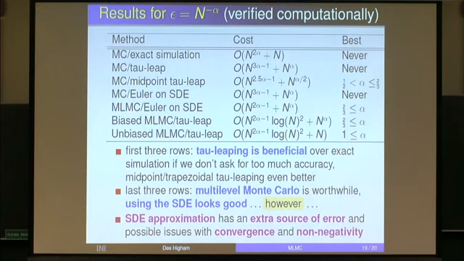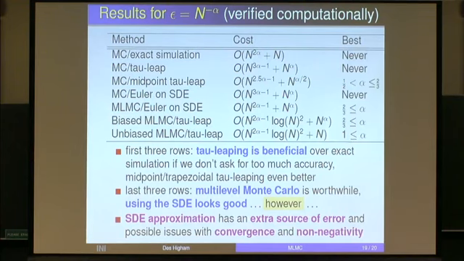This is multi-level Monte Carlo on the SDE with Euler. This is the multi-level Monte Carlo version of tau leaping. This is a biased version, and this is an unbiased version of multi-level Monte Carlo with tau leaping. The unbiased version uses exact simulation at the most refined level, so that we have no bias in the estimate.